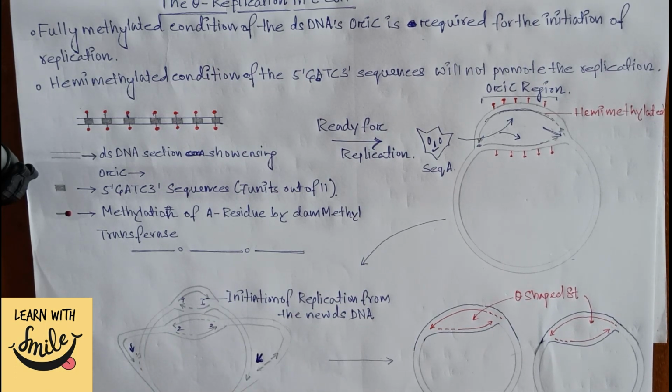So therefore it will require 50% less time to divide and form two new daughter cells. Therefore it is said that for the replication of the chromosomal DNA of E. coli, it takes 40 minutes, but the cell division takes only 20 minutes.